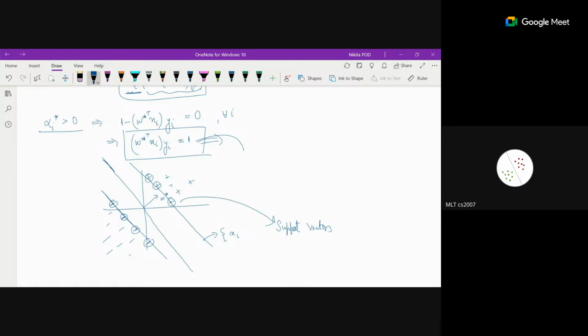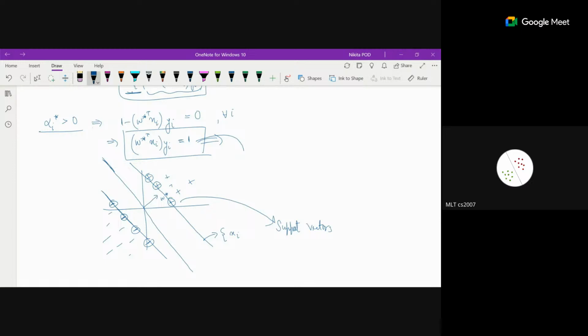And these are the only points that contribute towards finding my W star. So you are able to compress your data here: from a very large set of data points, you are able to find the points which are actually important. So here the compression is happening.